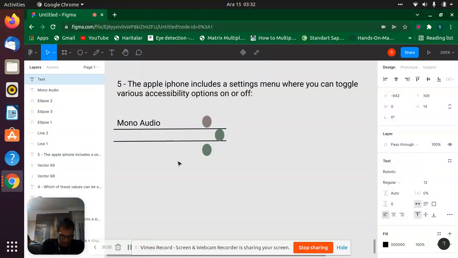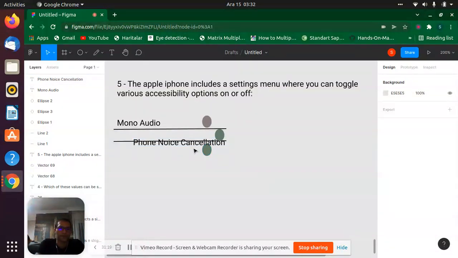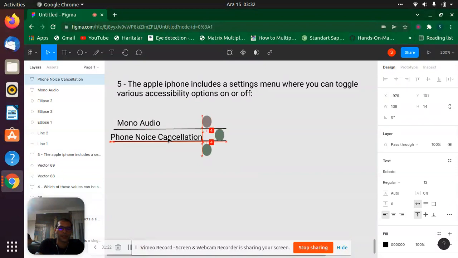This one is phone noise cancellation. Let's take it here.